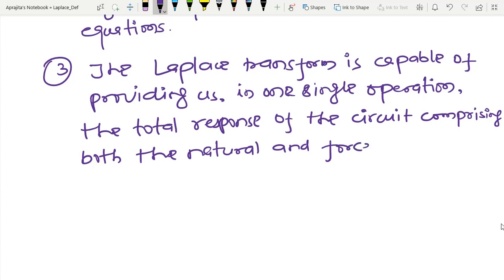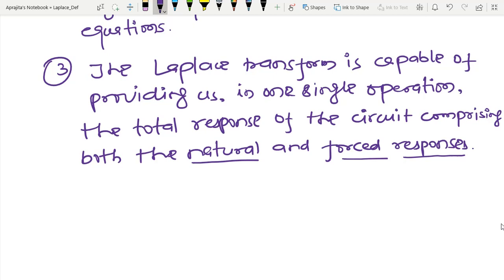Natural responses are due to the initial condition, meaning when the external input is equal to 0, and forced response is when we have 0 initial condition across resistor, inductor and capacitor, and after that I apply some forcing function.